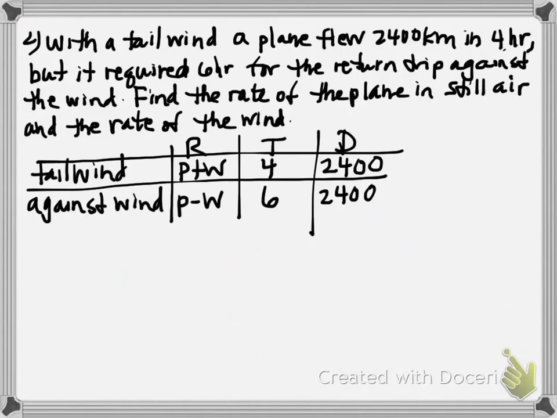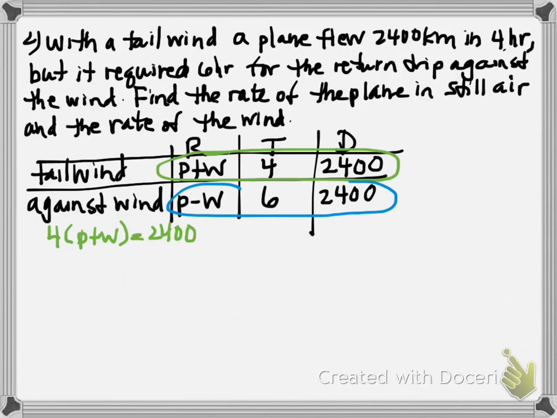So now again, I have my two equations. I have 4 times the quantity P plus W equals 2,400, and 6 times the quantity P minus W equals 2,400. So I'm going to try that trick again.